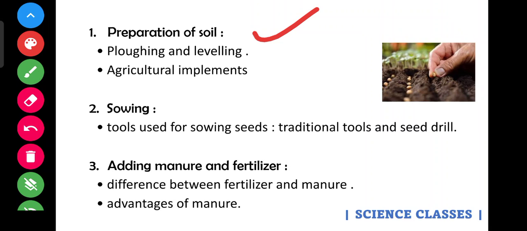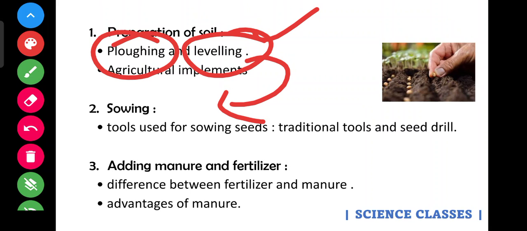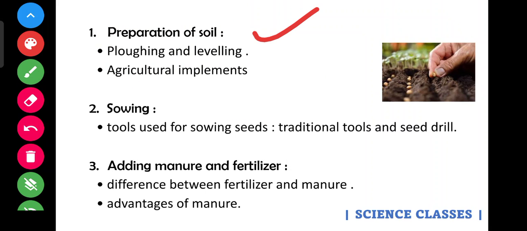The process of loosening and turning of the soil is called ploughing, and leveling the field is very important. Ploughing means loosening and turning the soil, and leveling is very important for sowing and for irrigation. There are a few agricultural implements used while preparing the soil.